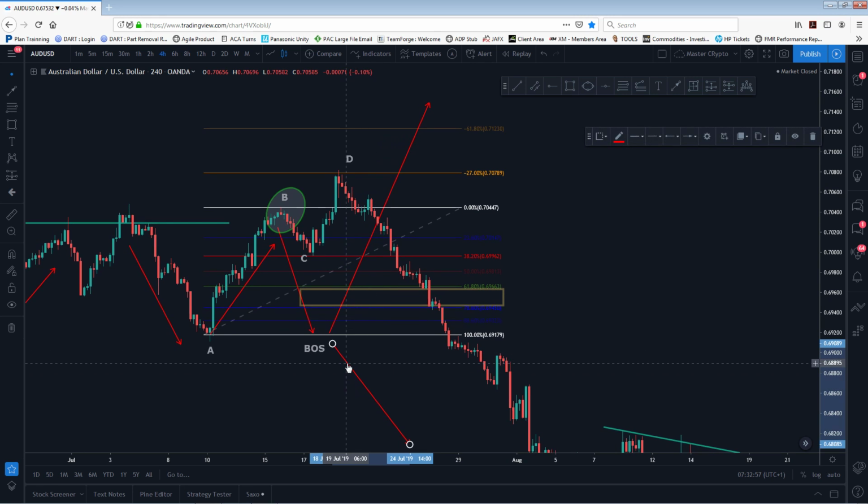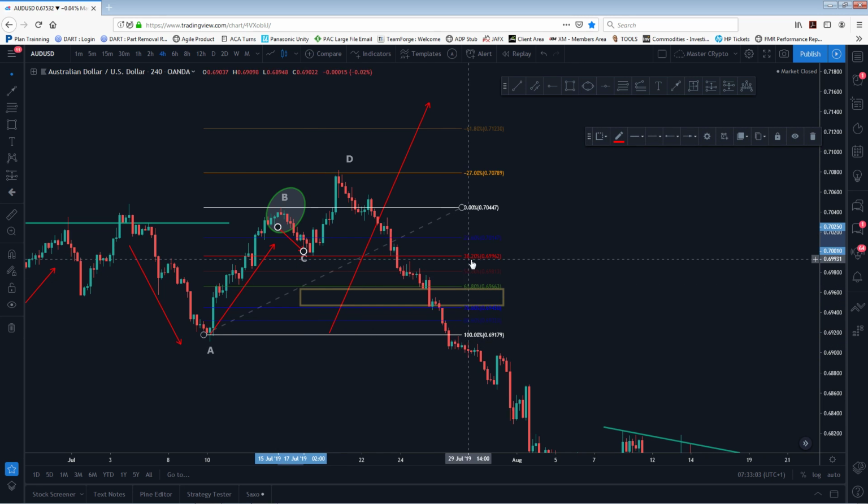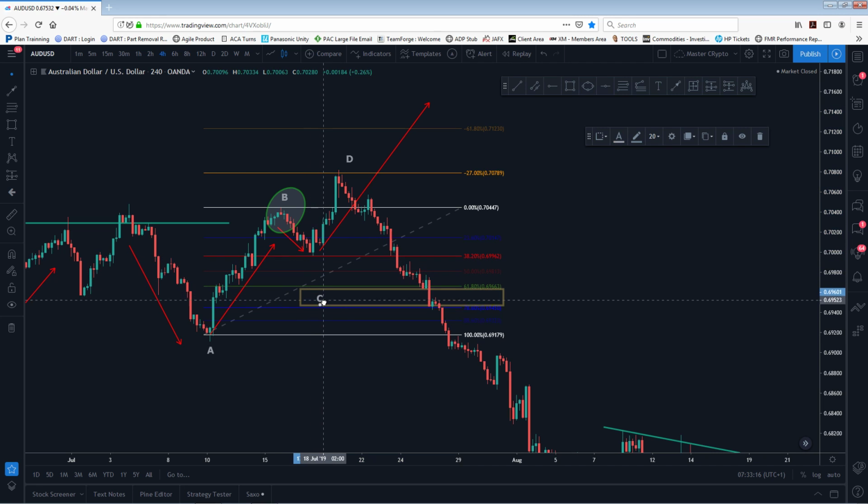But it didn't break structure. What it did was come to 38.2, which commonly happens, but like I said, the risk to reward is a little smaller. We prefer to take trades from the sweet spot.